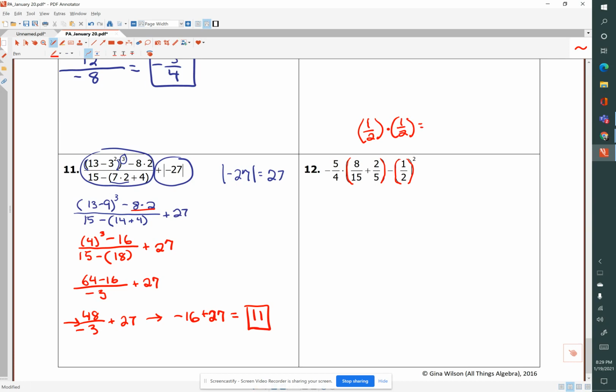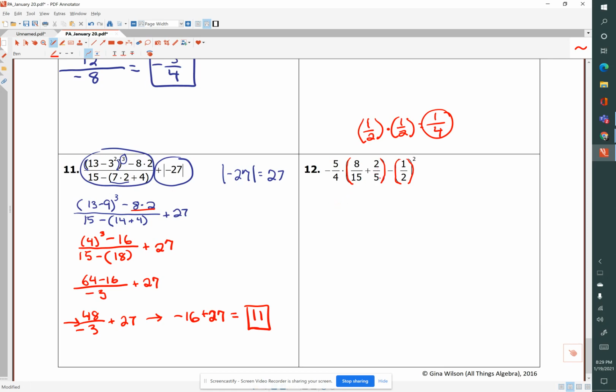Okay? And 1/2 times 1/2 is 1 times 1 is 1, 2 times 2 is 4. So that's how that will play out. So let me erase that so you can see it. So we're going to start with, we have negative 5/4, and then we have that quantity in parentheses. So we're going to have to do that first.